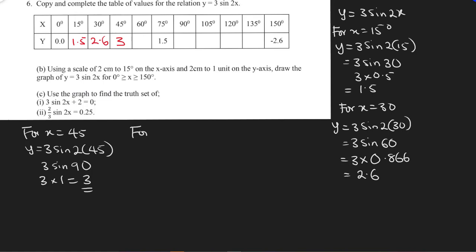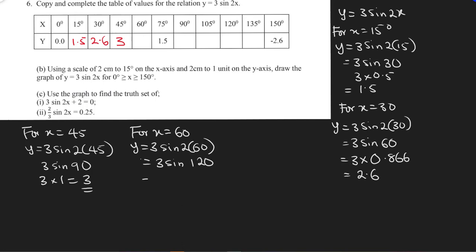The next one is for x is equal to 60. So we're going to have y is equal to 3 sine 2 into 60, which will be 3 sine 120 degrees, since 2 times 60 is 120.